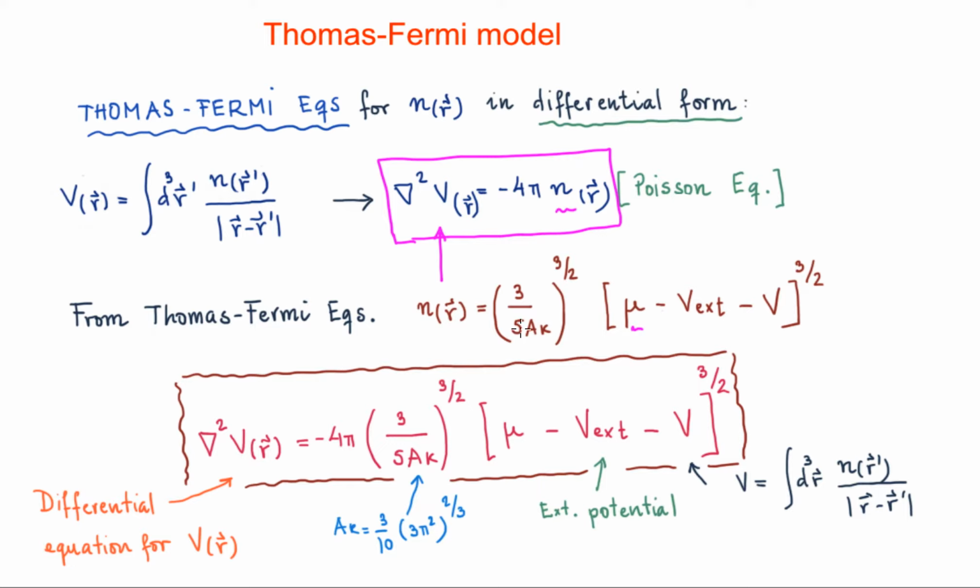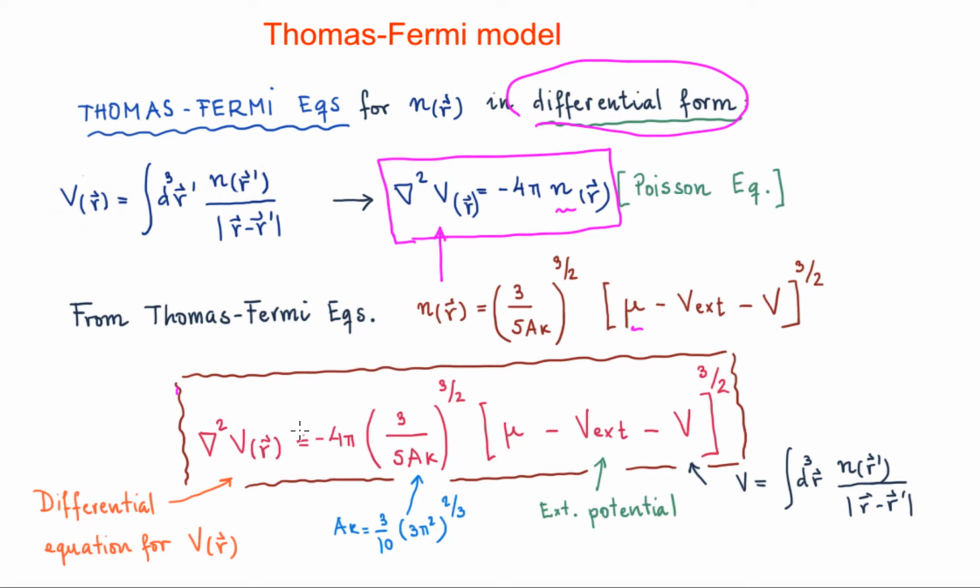If you do that, the final equation for the Thomas-Fermi equations, now in the differential form for the induced potential, is given by this expression. So we have a differential equation for V.